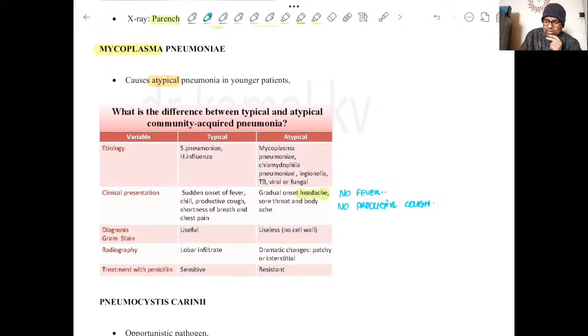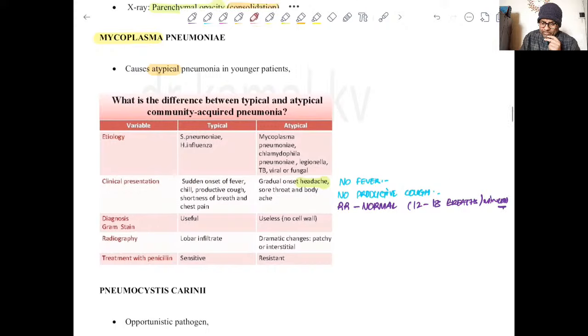So the classical cardinal features of a case of pneumonia are missing here. And if you look at the respiratory rate, that will be normal, right? Somewhere between 12 to 18 breaths per minute. And so clinically, he will not present to us in that toxic state.